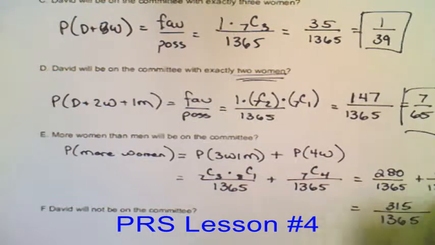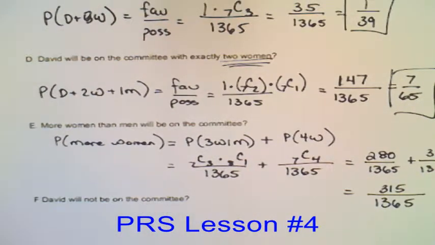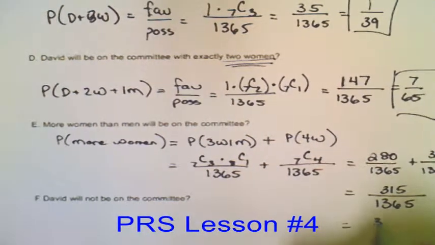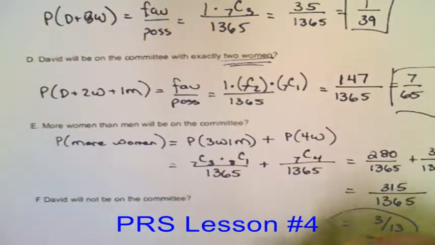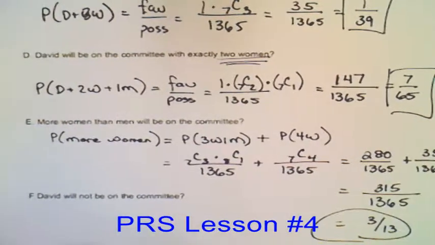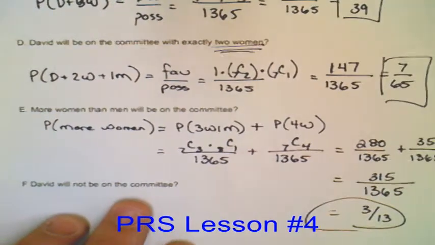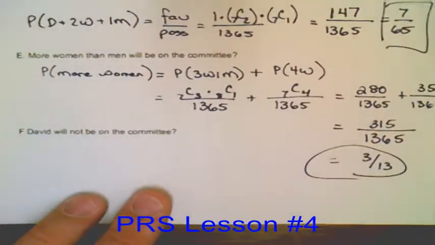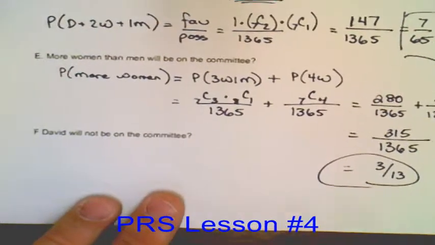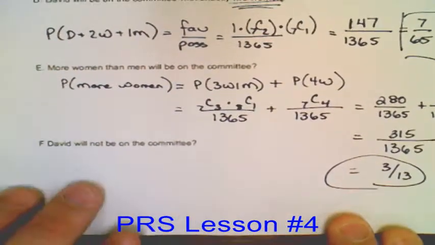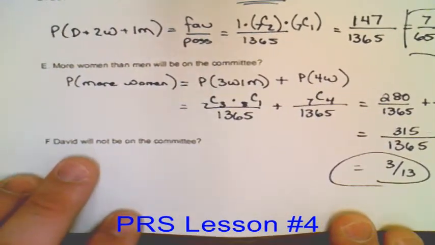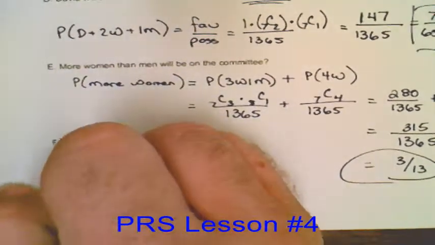Plus, in this one here, 7 choose 4 is 35 over 1365. Add them together, you keep the denominators the same. Remember, we've been doing fractions. So I get 280 plus 35 is 315 over 1365. And 315 divided by 1365, I'm going to see if it reduces. It reduces to 3/13.